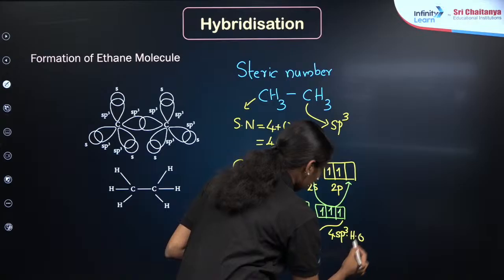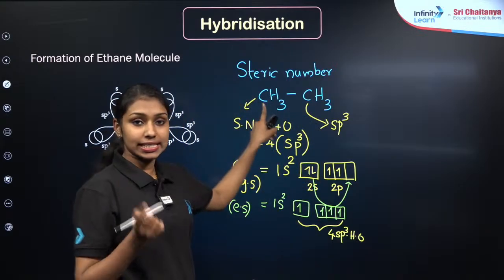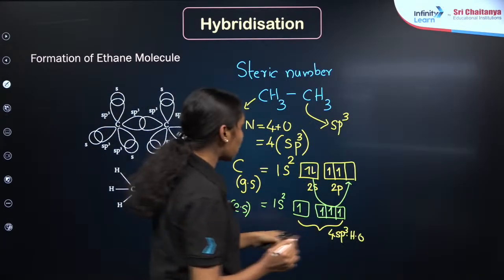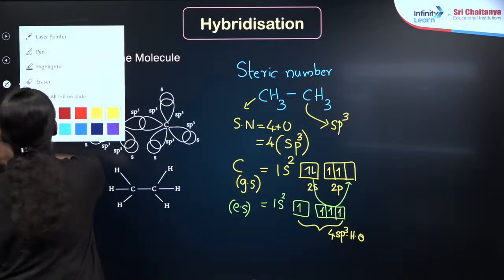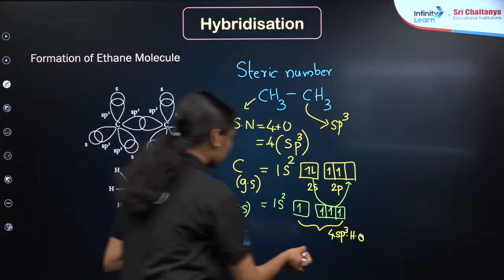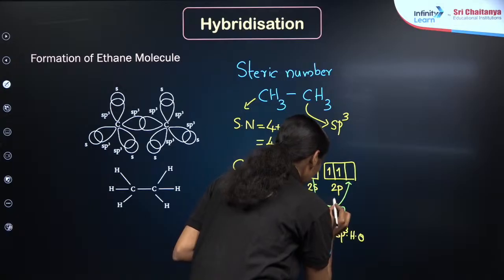Then what will happen here? The 3 hydrogen atoms will overlap with the sp3 hybridized orbitals of carbon, and the electrons will fill up here.